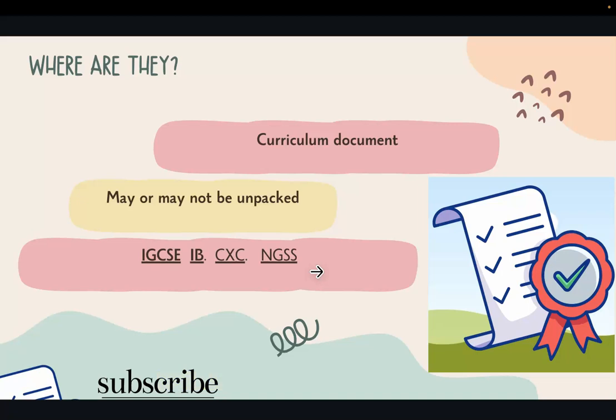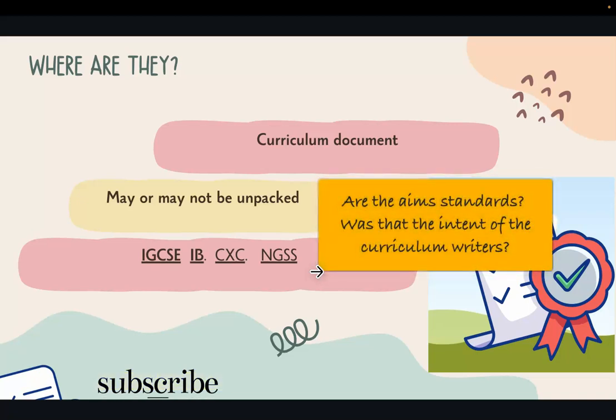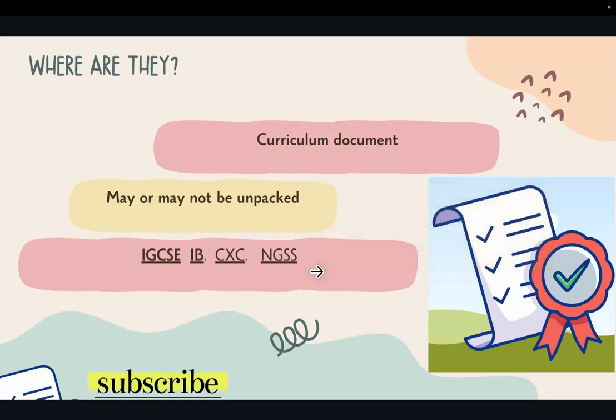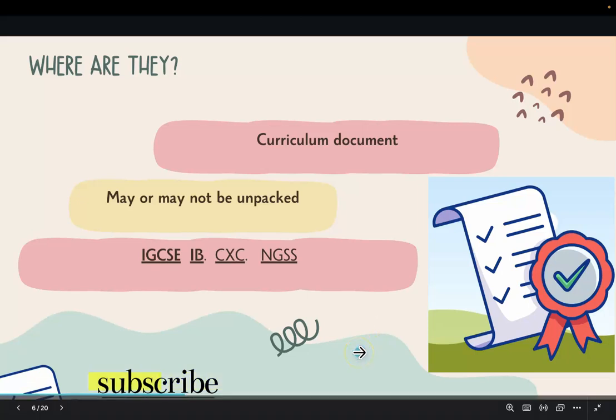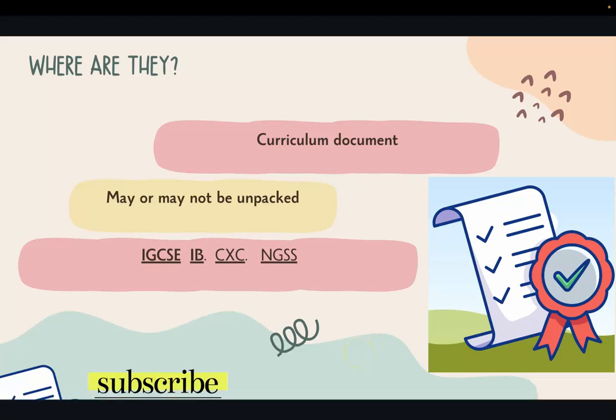While in other curriculum like IGCSE or IB, these are curricula I've worked with, they are more goal statements or aims as opposed to a broader goal statement. Well, I've not seen the broader goal statement. So on the surface they seem as if they don't need as much unpacking. That's debatable. But your standards are usually found in your curriculum document.